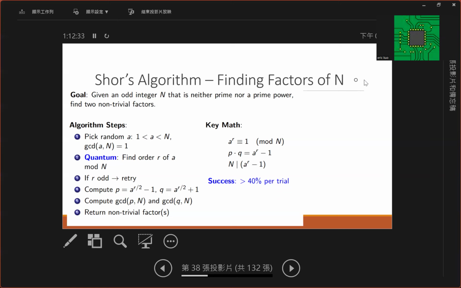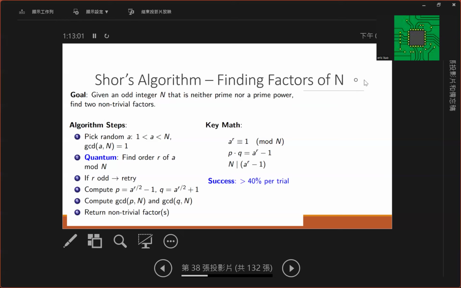We pick a random a, from 1 to n, such that GCD of a and n is 1. If this fails, then you already found a factor. Most a will succeed and have no common prime factor with n. And this is why a quantum computer is powerful, because quantum can let you find the order r.